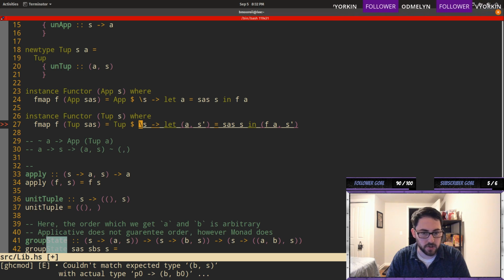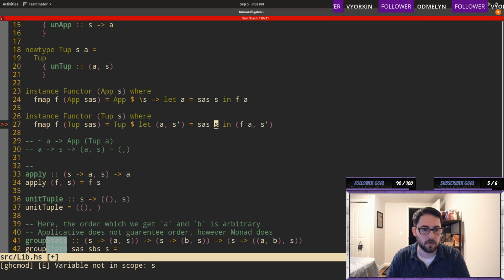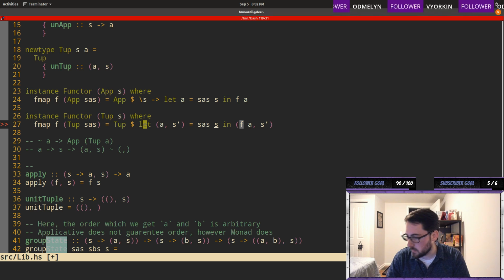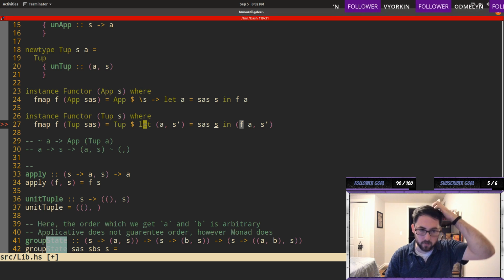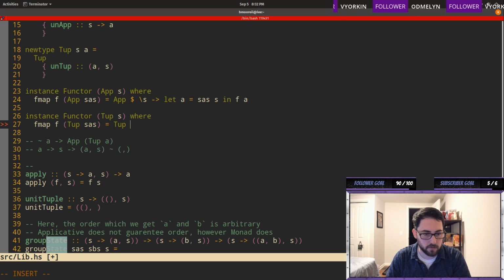Okay. So what do we need to change here? So we're not going to get rid of this, or we are going to get rid of this, and then we no longer have this. We just have a tuple. So we need to. Yeah, otherwise our functor instance doesn't make a lot of sense. We could probably just get rid of this.